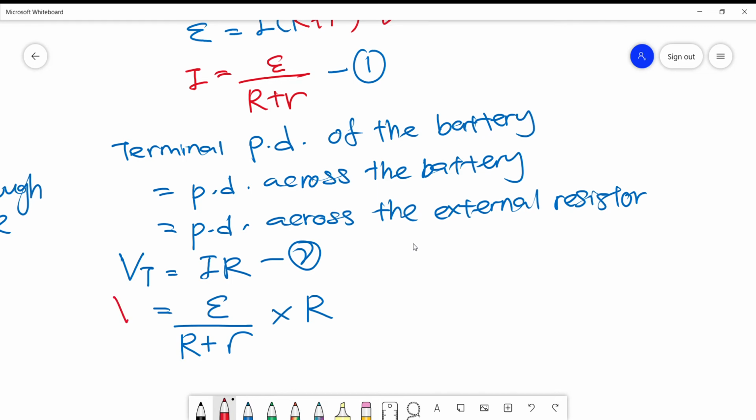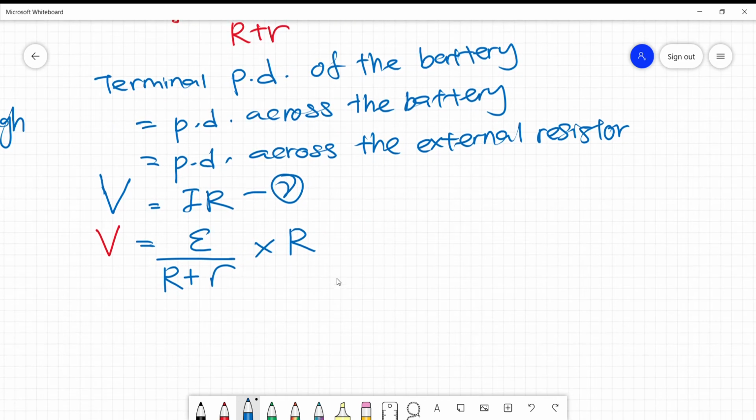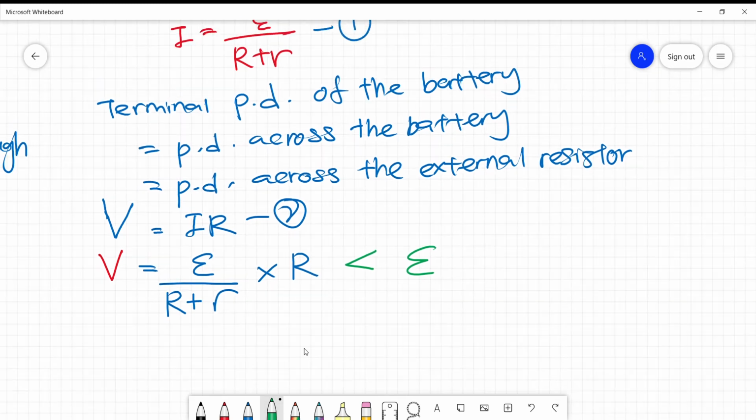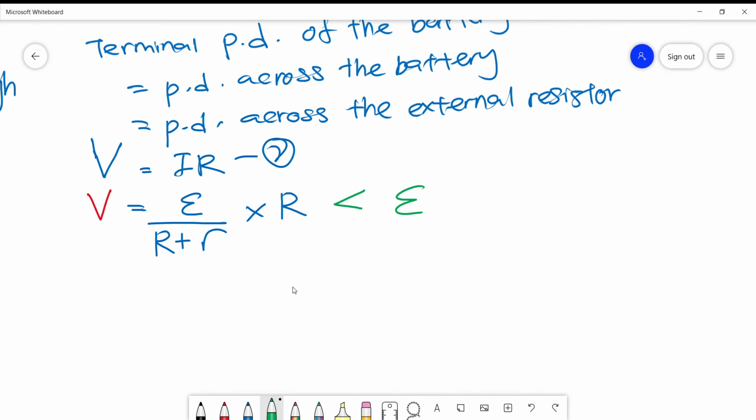So the PD does not need to be written, and I can also write it as V. So the terminal potential difference of the battery is equal to E divided by R plus r, multiplied by R. So this equation proves that the terminal potential difference across the battery is less than the electromotive force. Okay, so this is how we prove it. Alright, let me see what's next.